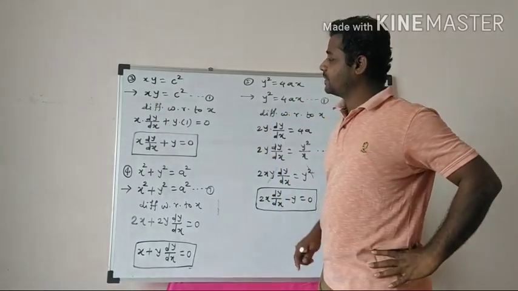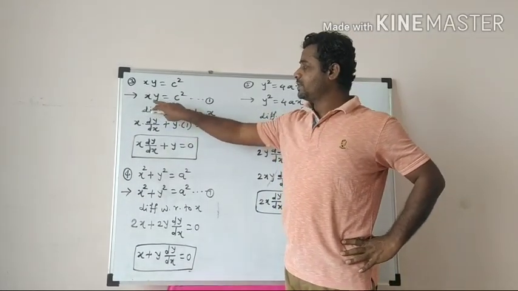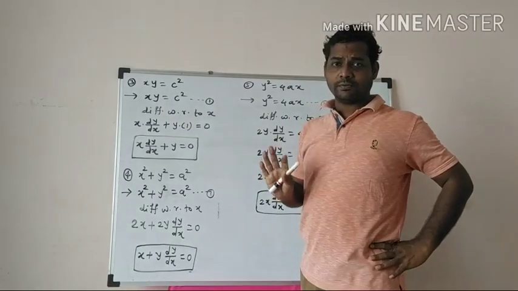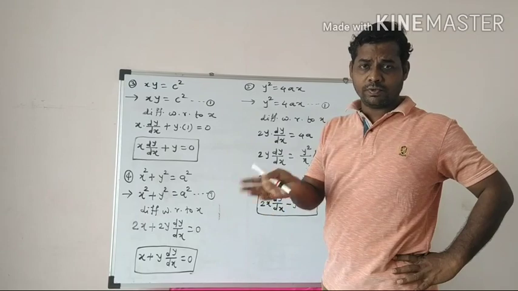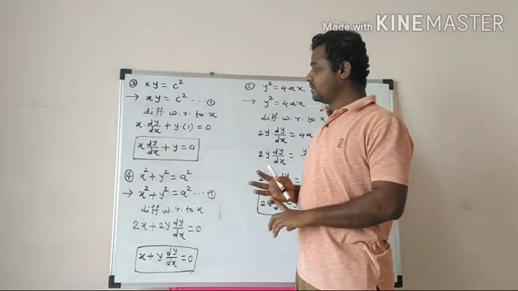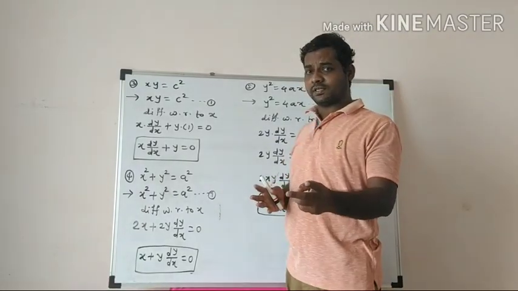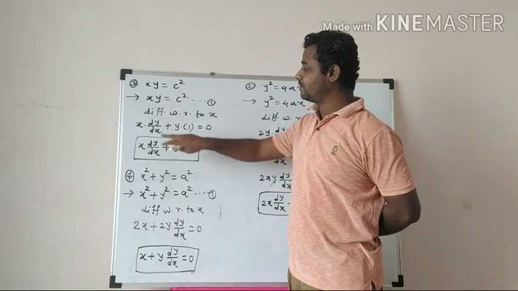Now differentiating with respect to x, the derivative of x into y can be found by the derivative of u into v. It is u into derivative of v plus v into derivative of u. First term into derivative of second term plus second term into derivative of first term.